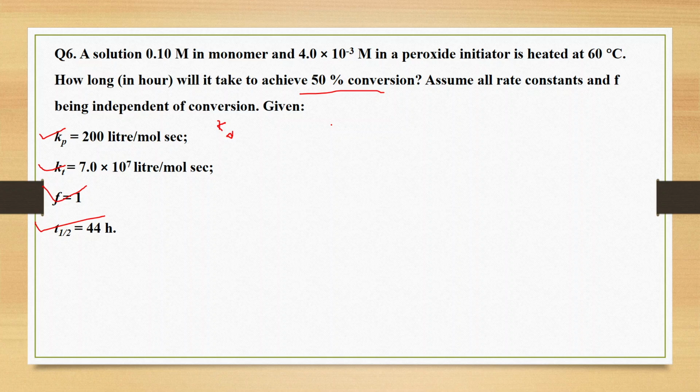There is an equation where the conversion is related to the initiator concentration and the rate constants for thermal initiation. Just go to the slides for thermal initiation and look for the equation that relates conversion with the rate constants and initiator concentration. And then put in the values. All values are given. Once you find that equation, you just have to put in all these rate constants and other values, and you will have your answer.